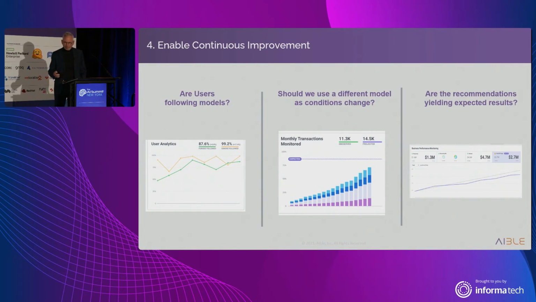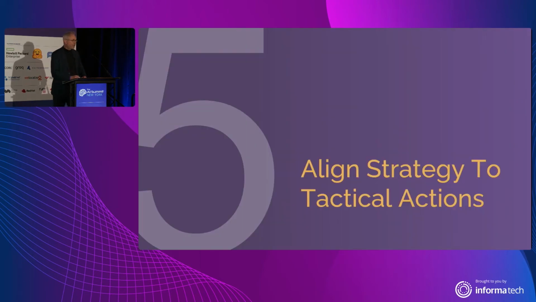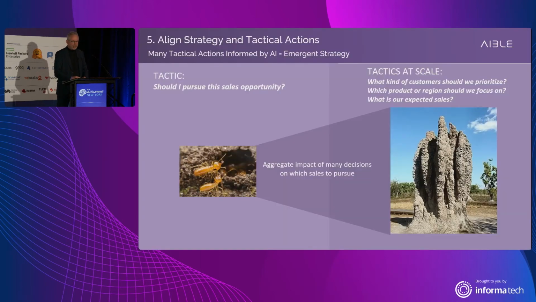Now, I mentioned earlier I'd talk about this for a moment, but this whole idea of what strategy and actions are and how those are either working together or not. A key tenet of digital transformation is the organization as a whole should be working in concert with the strategy of the business.